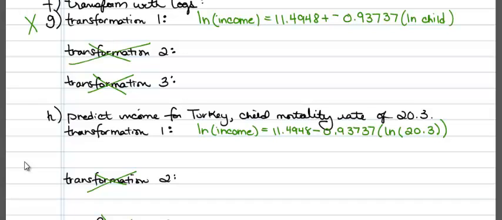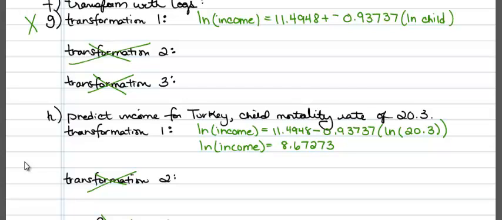So when I do the natural log of 20.3, times it by 0.93737 and subtract that from 11.49. This is where you need a little bit of your algebra skills to come back to you. I'm getting 8.67273, something like that.